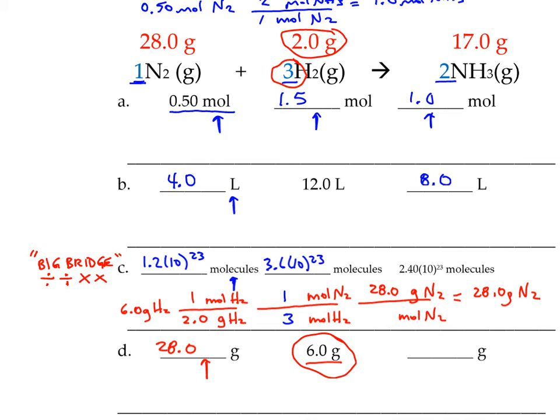So let's do the last blank on this one. And we're going to start with our 6. So start with 6, and we're going to point here and go 6. Then we're going to go divided by 3, which is 2, divided by 2, which is 1, times 17 is 17, times 2 is 34.